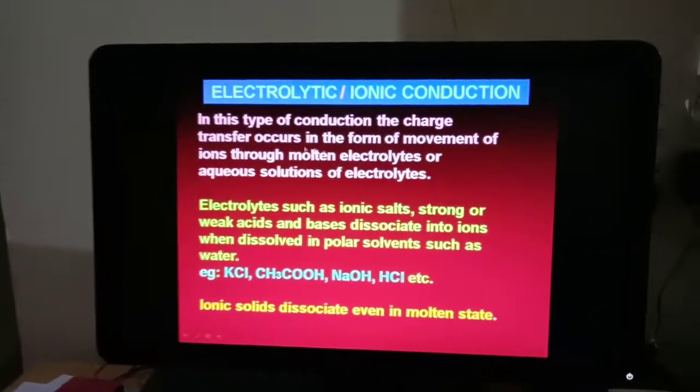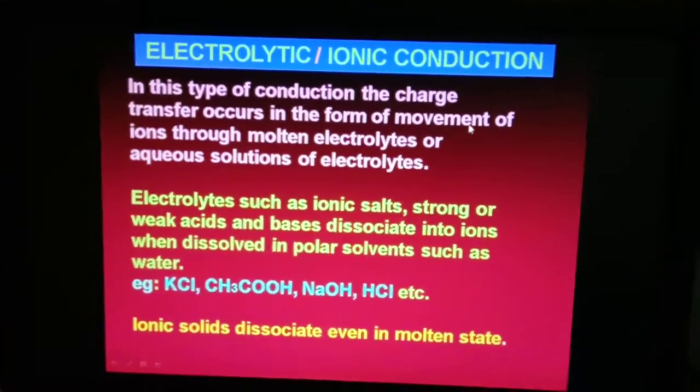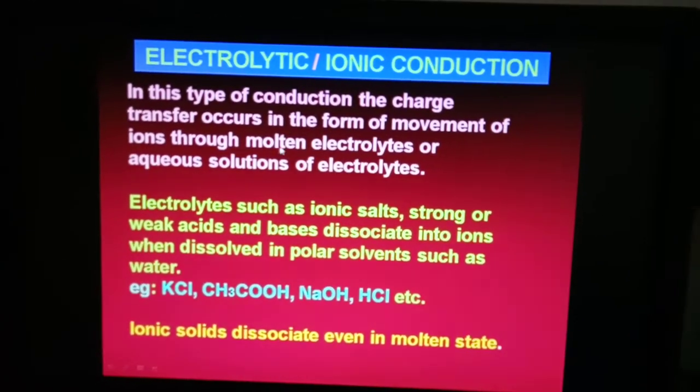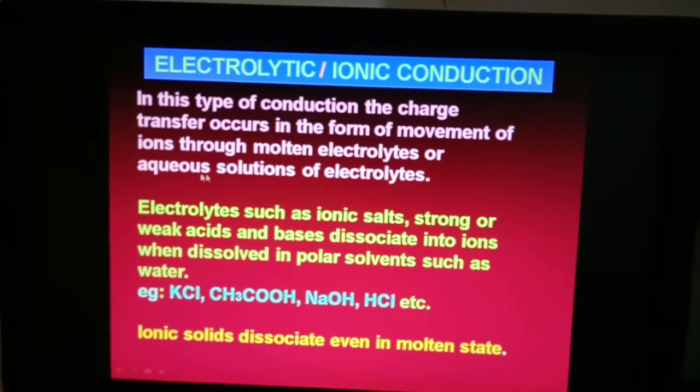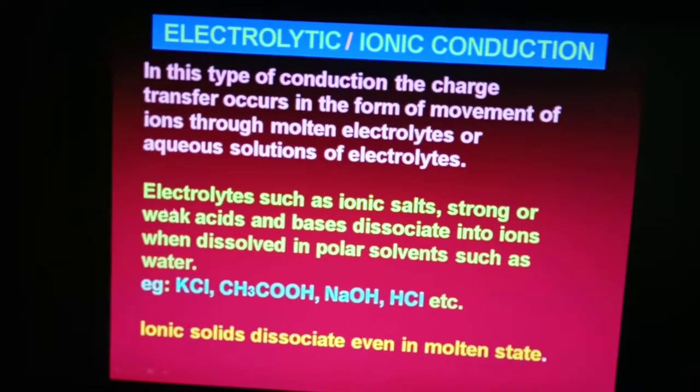The next type that we are going to study is electrolytic or ionic conduction. In this type of conduction, the charge transfer occurs in the form of movement of ions through molten electrolytes or aqueous solutions of electrolytes.